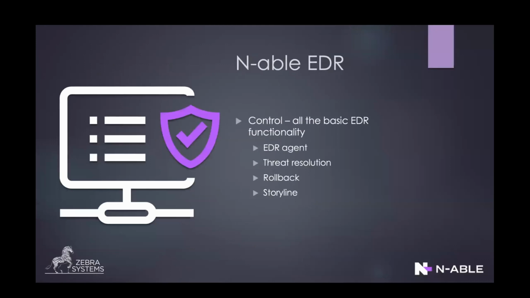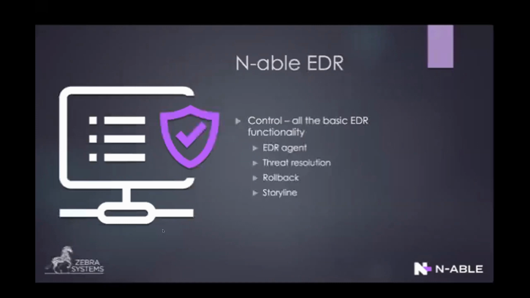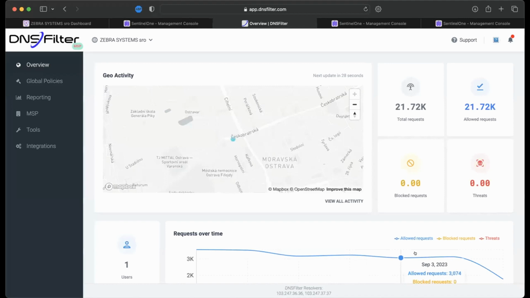And before we switch to EDR, we can go to the overview and short demo of DNS filtering. So I will just reshare my screen to show you the correct window. And here you can see the dashboard after you log in.